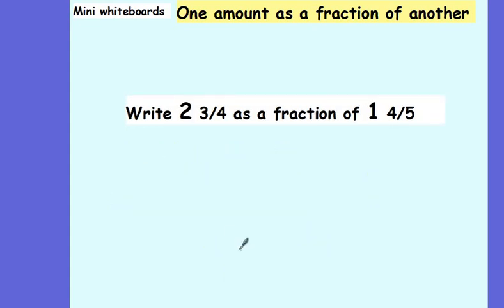One more for you, Year 7. Please pause the video, start by converting to improper fractions. Have a go at this one for me. Right, let's go through it. 2 3/4 is the same as 11/4. 2 times 4 is 8, plus 3 is 11. Divided by 9/5.